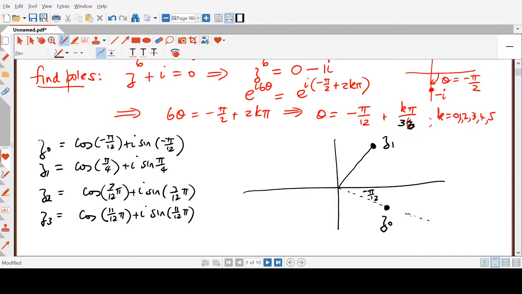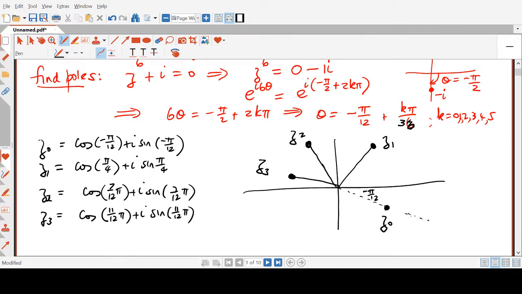So what is that? 45 plus 60 is 105. So there'll be another one somewhere there. But what's steeper than that? Let's make it steeper so it looks more realistic. 105 or something like that. That will be Z2. And the next one will be 105 plus 60, 165. So there'll be another one somewhere here. Z3.